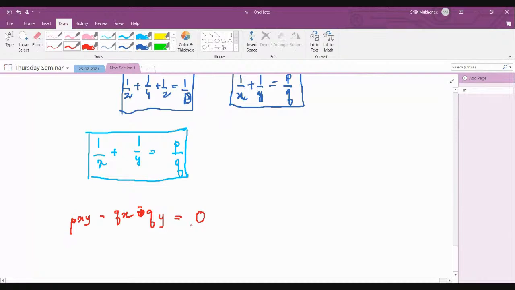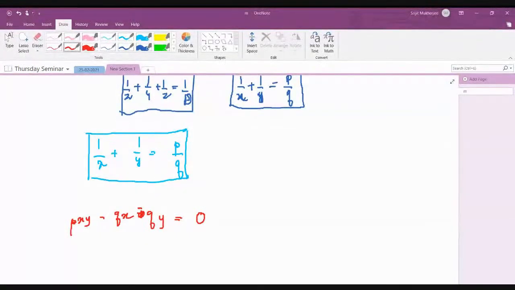So what can we do with this? Let's see. What can we infer about p and q? Is there any relationship between p and q?